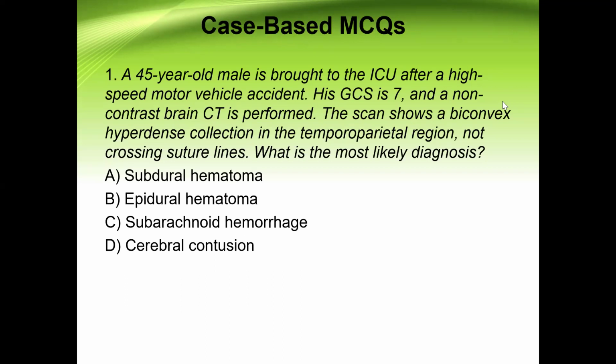The scan shows a biconvex hyperdense collection in the temporoparietal region, not crossing suture lines. What is the most likely diagnosis? A, subdural hematoma; B, epidural hematoma; C, subarachnoid hemorrhage; D, cerebral contusion.